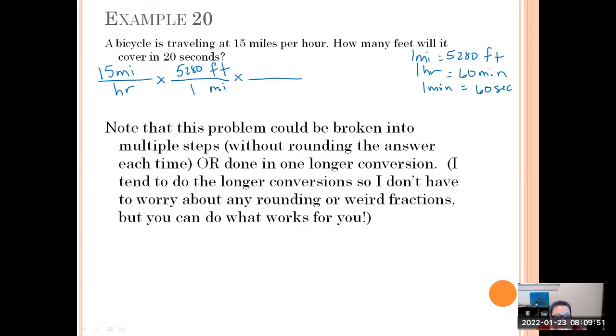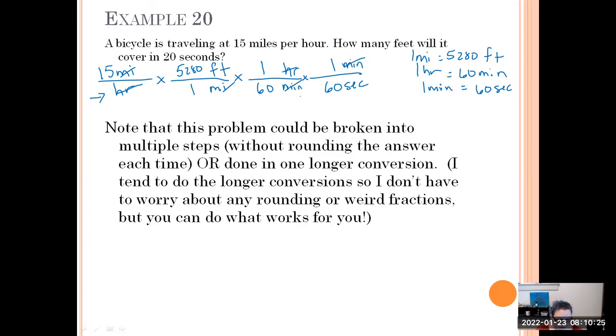Then hours is in my denominator, so I need hours in my numerator and minutes in my denominator, and then I need one more to go from minutes to seconds. So there's 1 hour, 60 minutes, 1 minute is 60 seconds, multiplying straight across. Miles are gone, hours are gone, minutes are gone. We're down to feet per second, which is our goal.